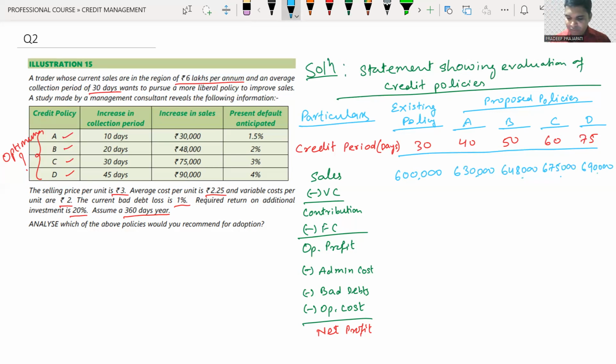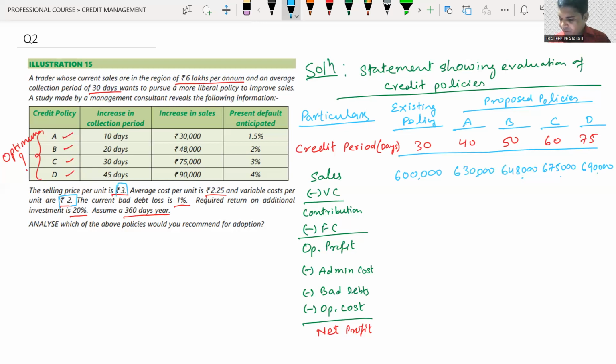But how will you calculate variable cost? In the question, either variable cost information will be given, or sometimes you have to use the PV ratio given in the question. So here they have given variable cost is rupees 2 per unit, and selling price is rupees 3.